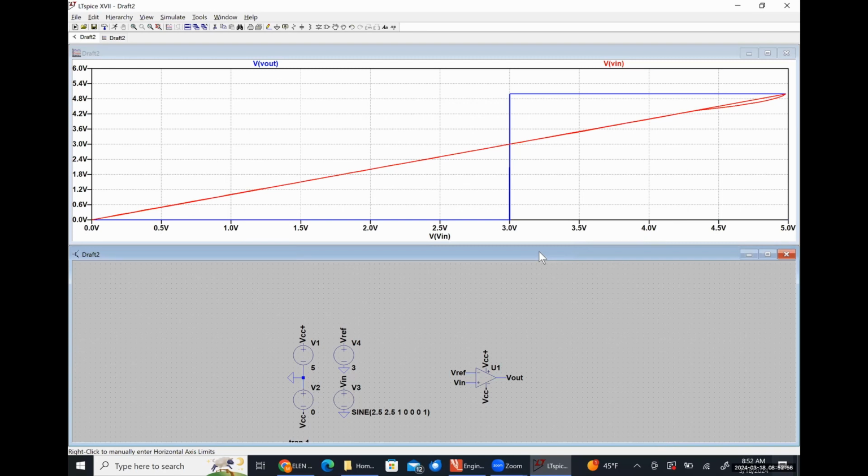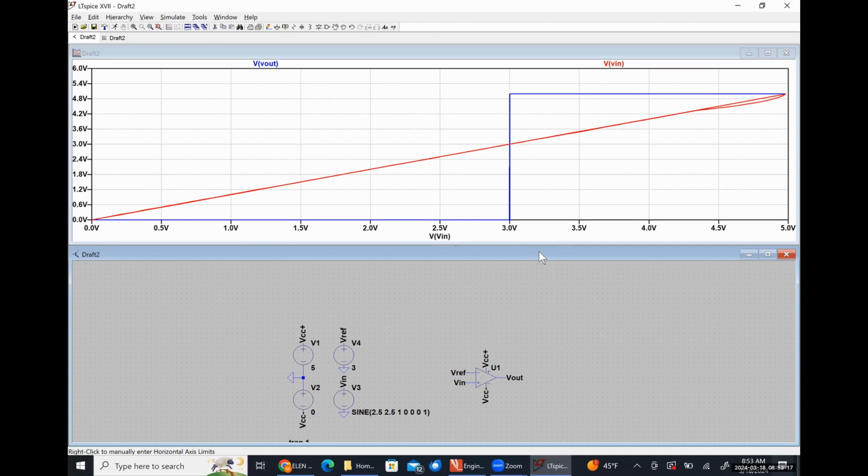And now the blue curve is my output voltage, and I can see very easily that when my input voltage is less than 3 volts, my output is low. When my input voltage is greater than 3 volts, my output is high. I also have this red line right here. This red line is literally Vin as a function of Vin. It's just a line with a slope of 1.